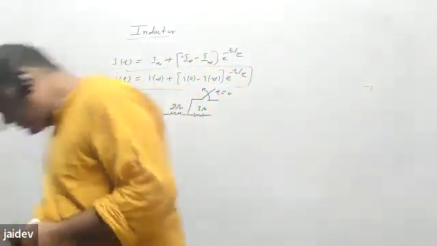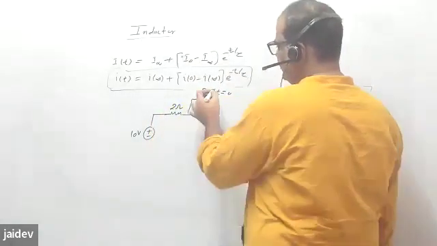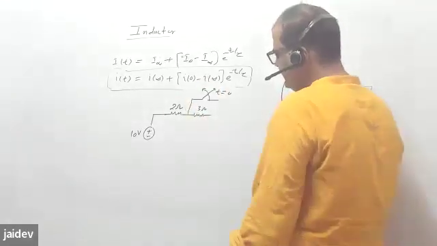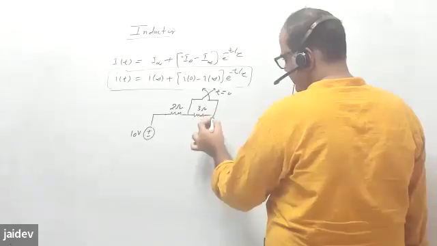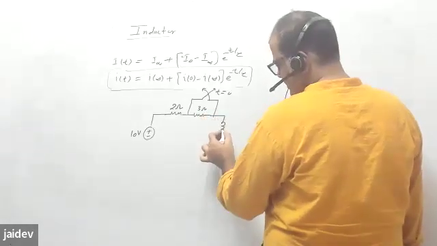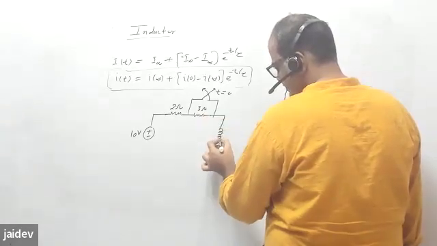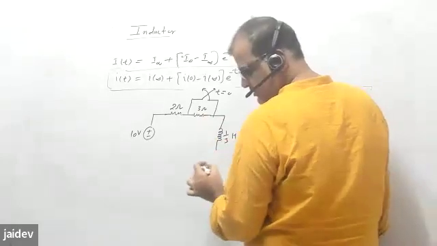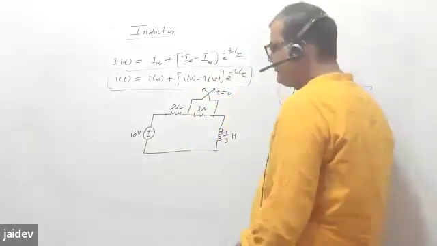Before that it is closed. Initially it is closed, and you have here 1/3 Henry. This is my circuit.